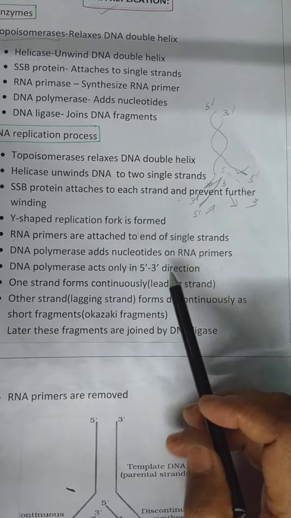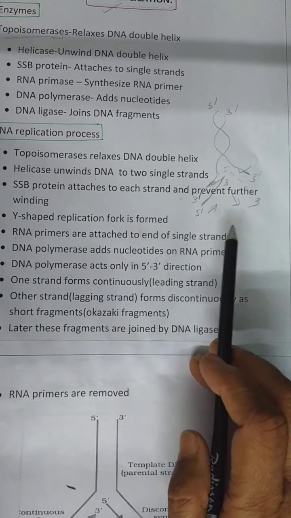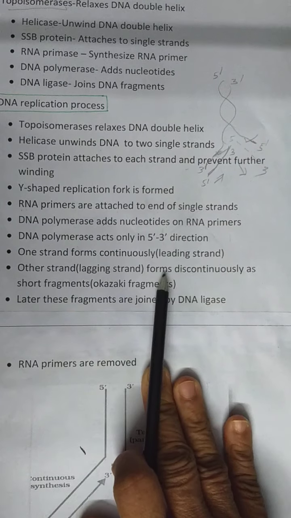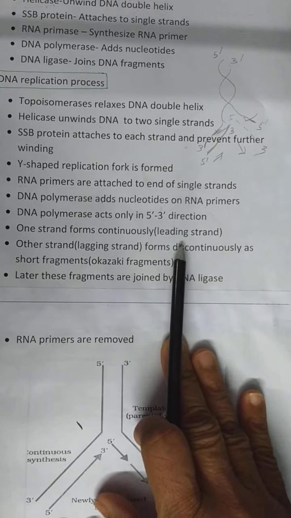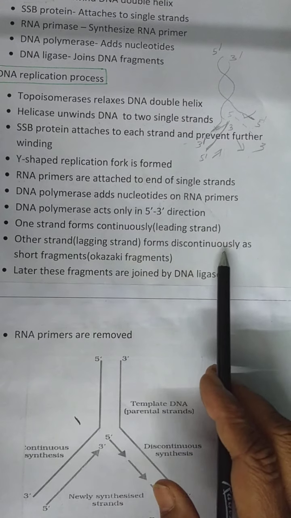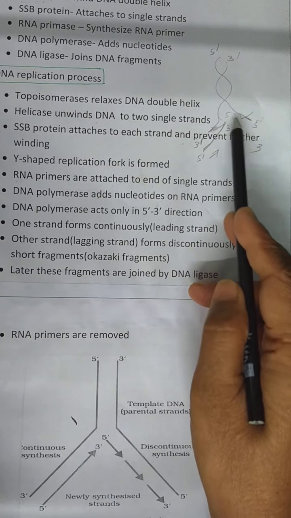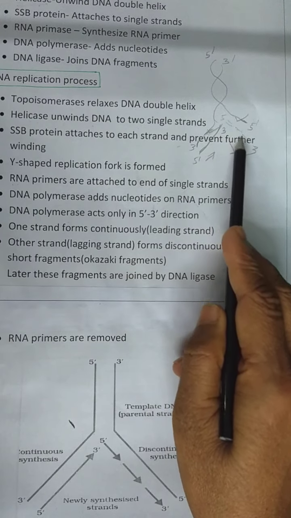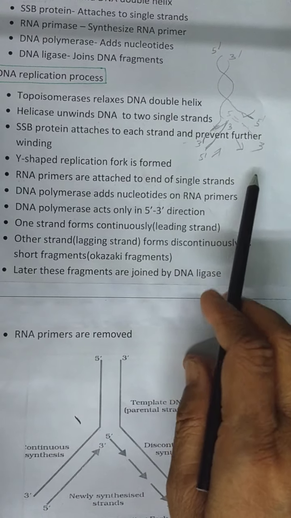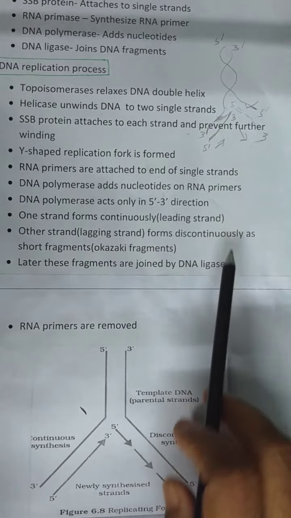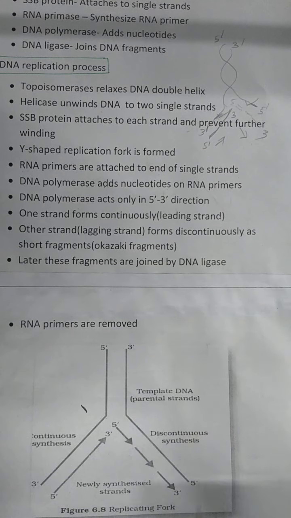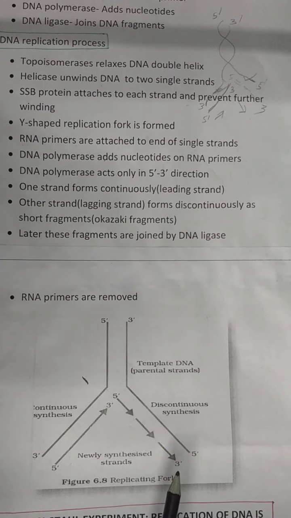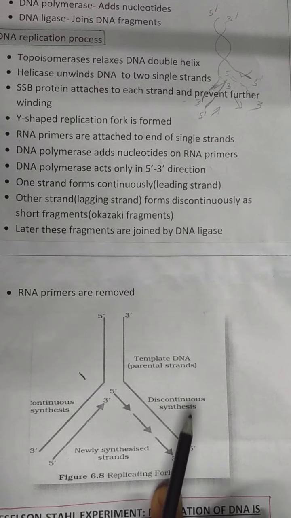One strand forms continuously, that is called the leading strand, and one strand forms discontinuously, that is called the lagging strand. It forms short fragments, 1, 2, 3 like that, and these fragments are also called Okazaki fragments. Later these fragments are joined by DNA ligase, and at last the RNA primers are removed.